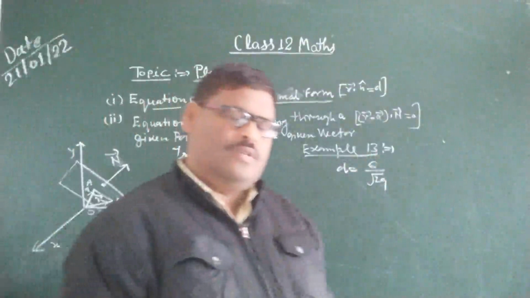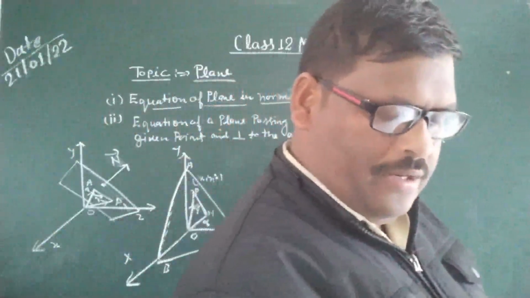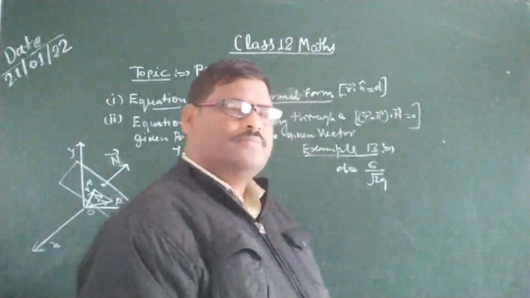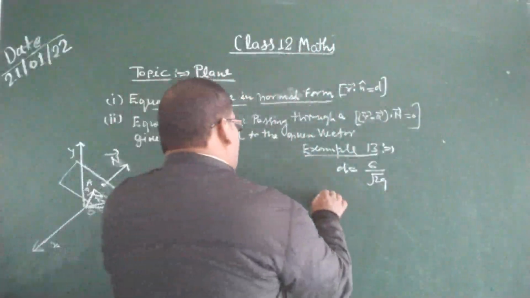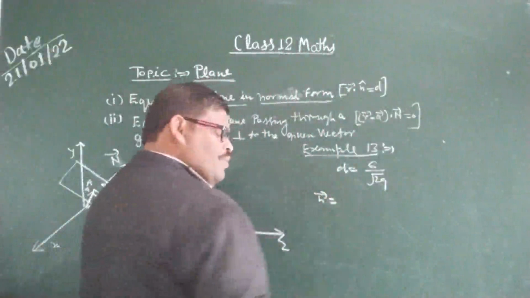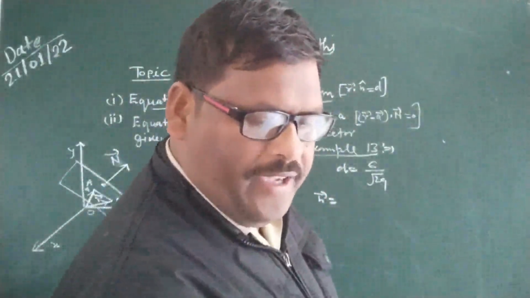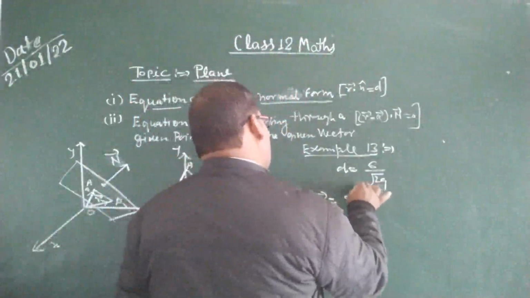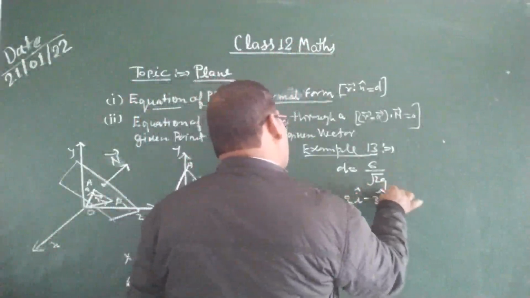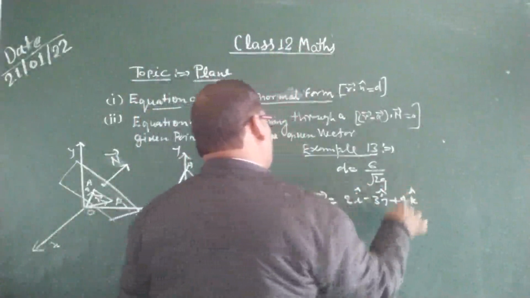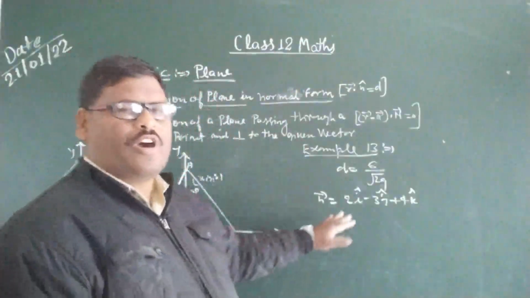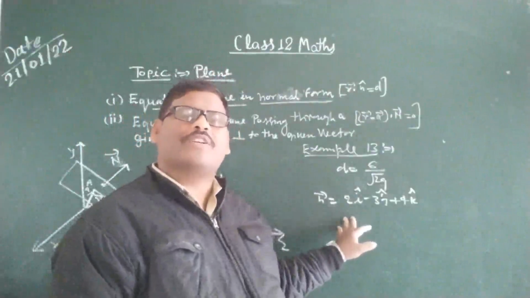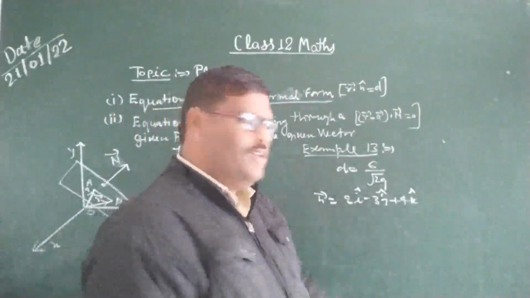And given the normal vector from the origin, that is vector n, vector n is equal to 2i cap minus 3j cap plus 4k cap, that is in the form of a normal vector.